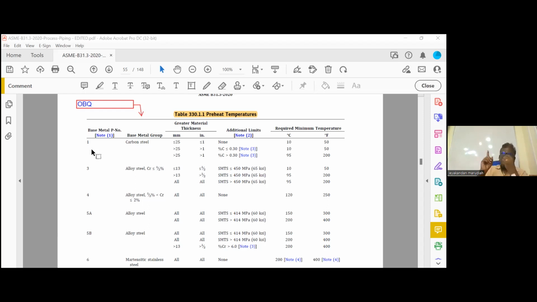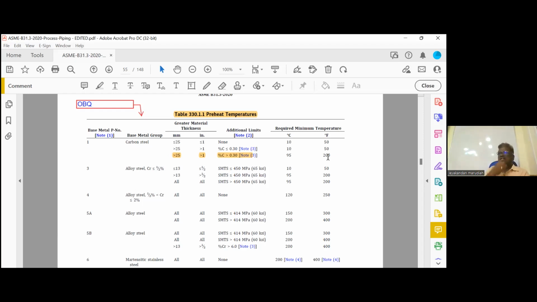If only one condition is met, 50. Even if no condition is met, 50. You can see here, thickness less than 1 inch, there is no additional limit, 50. Thickness greater than 1 inch but carbon percentage less than or equal to 0.3, 50 only. When both conditions are met, thickness greater than 1 inch and carbon percentage greater than 0.3, then it will be 200 degrees Fahrenheit.